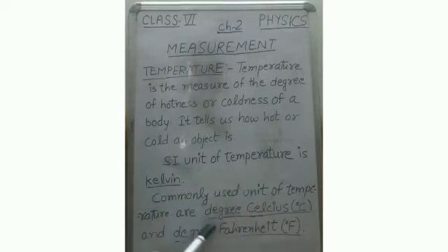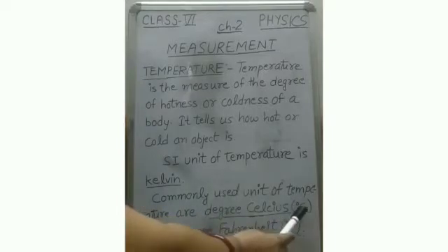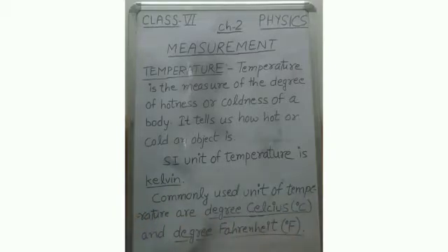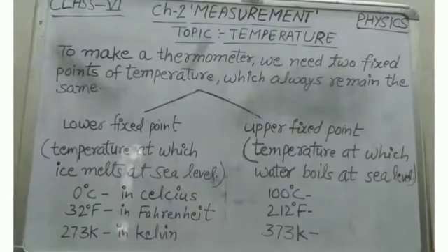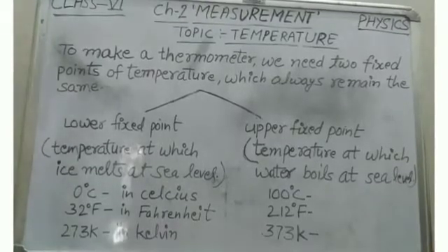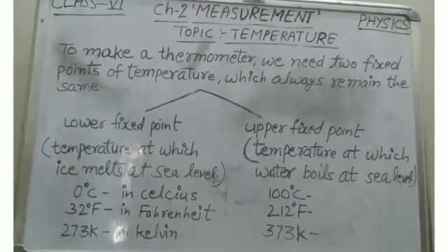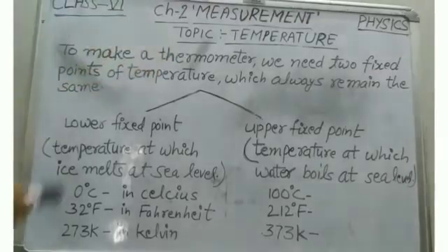If we write degree C, then we won't use this small 0 because it itself denotes degree. We read it as degree Celsius, same as degree Fahrenheit. The temperature of an object can be measured by using a device called a thermometer.